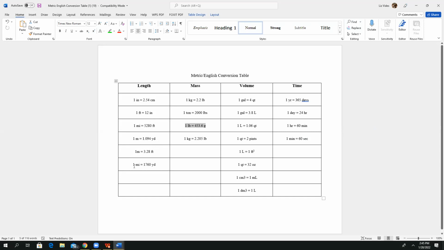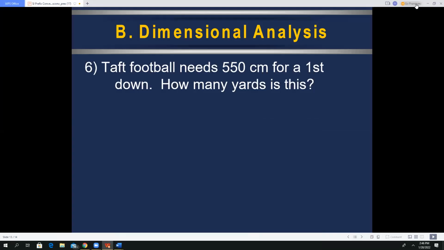Okay, and then we got mile. No, we don't want mile. Sorry, we want centimeters to inches, and maybe inches to... what would you want to do? Inches to feet and then to yards, I guess. That would be good. All right, let's see. Let's do that.